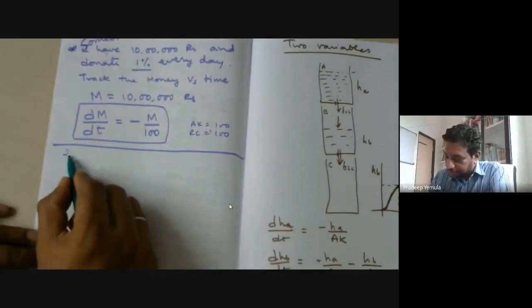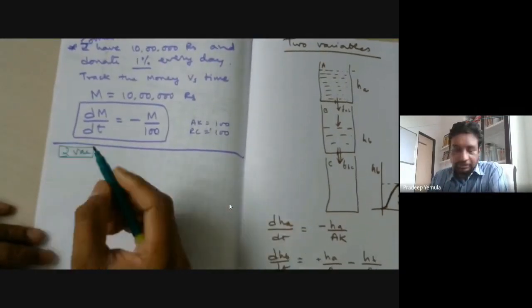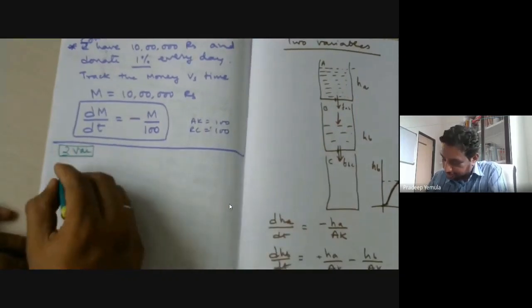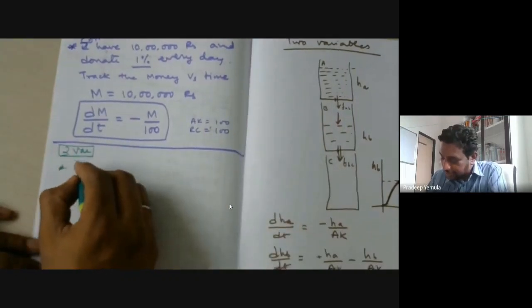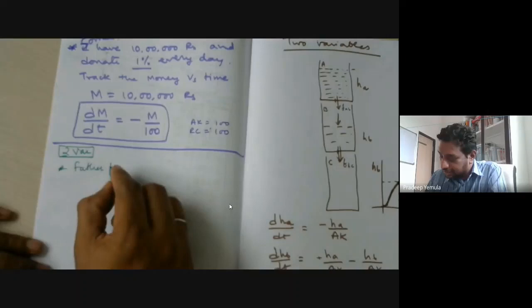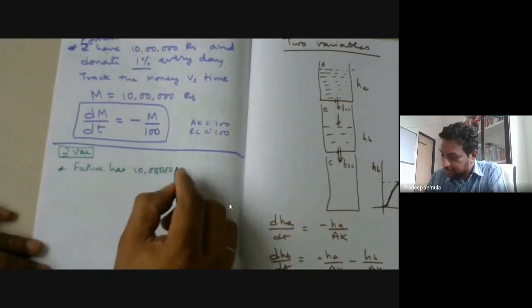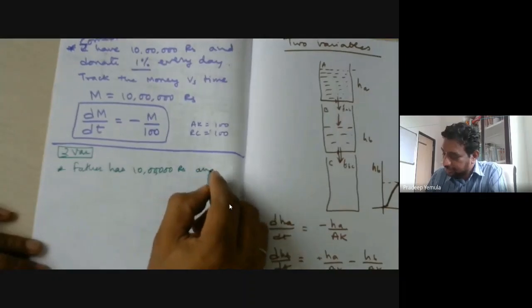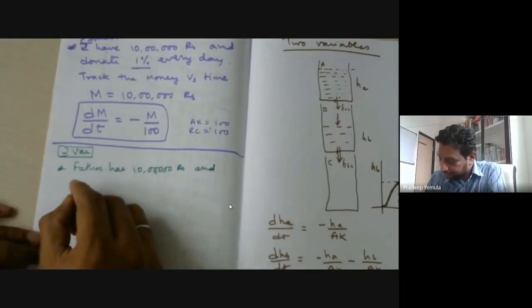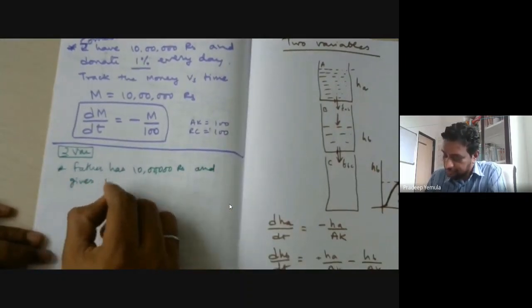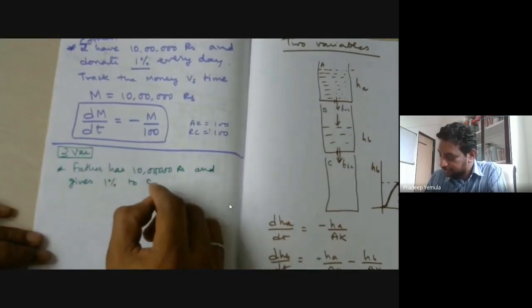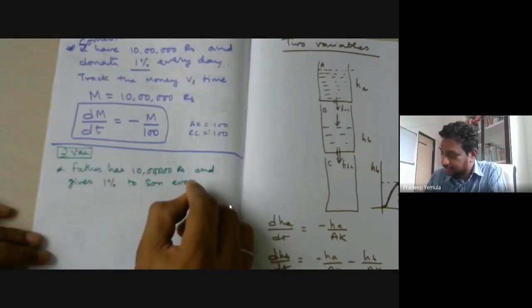See, in two variables, what we do is like this. I'll say the father has 10 lakh rupees and gives 1% to the son every day.